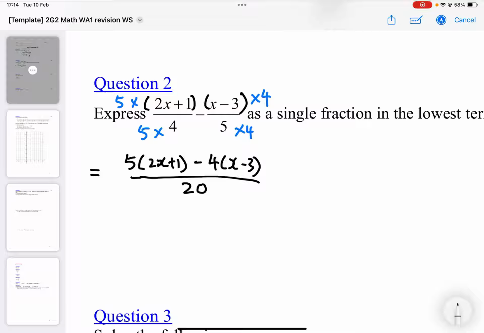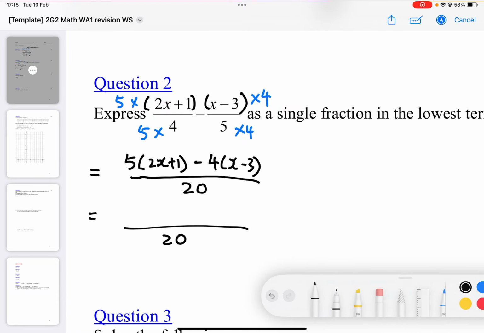Very important, keep it as it is. Keep the numerator 5 multiplying a bracket minus 4 multiplying a bracket, then write it down looking at what I have, then I do my expansion. So now my numerator consists of 5 multiplying a bracket, then after that minus 4 multiply a bracket.